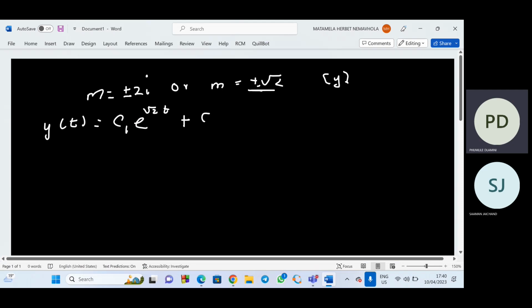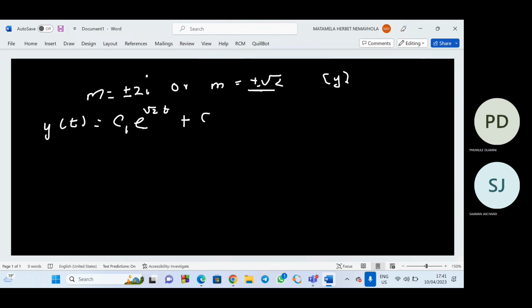Then we get m equals plus or minus 2i, or m equals plus or minus square root of 2. This is a solution of y. Then y of t is going to be c1, an arbitrary constant, times e to the power rt.